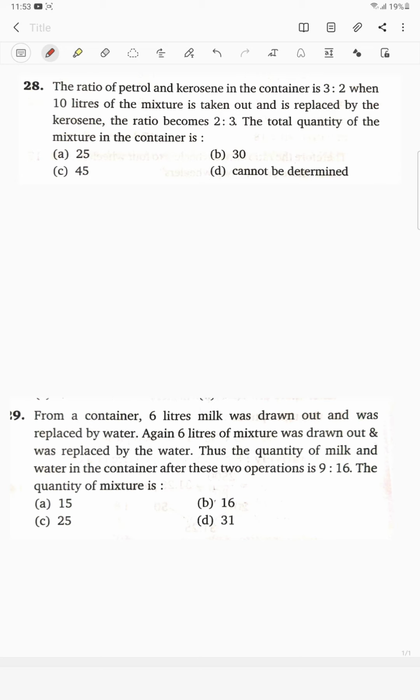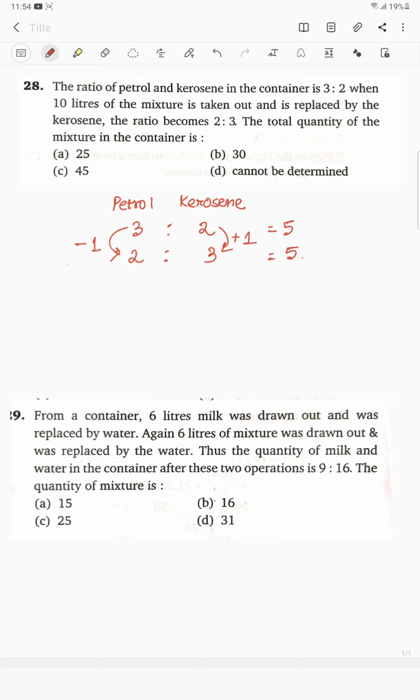The amount that is being diminished is petrol, so we will write petrol on the left hand side, kerosene on the right hand side, and write down the ratio 3 is to 2, 2 is to 3. We can see petrol has diminished by 1 and kerosene has increased by 1, and the total ratio is the same. If it's not the same, then you have to make it the same, otherwise this shortcut will not work.